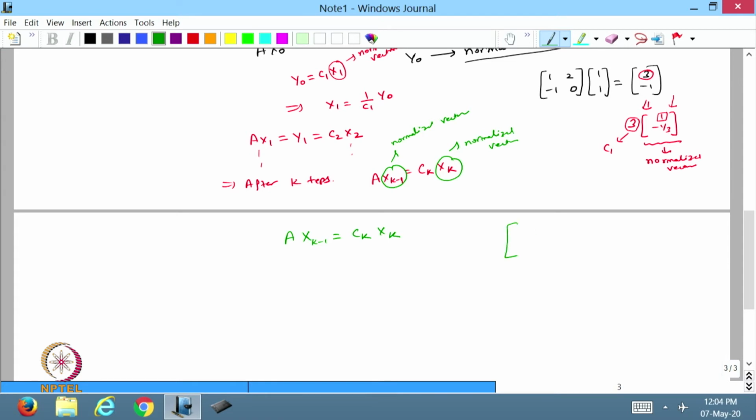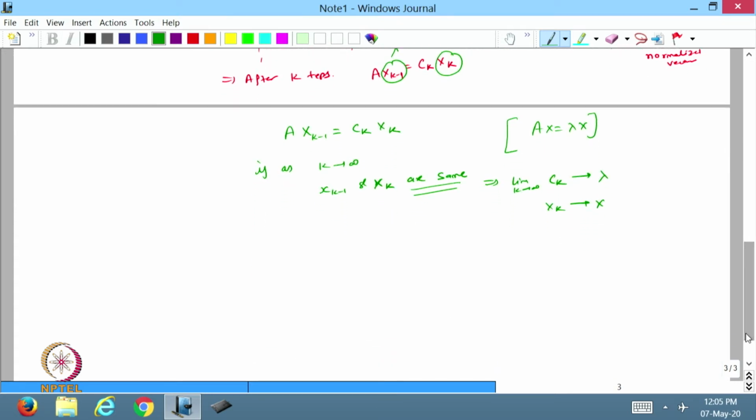Now, if you compare with Ax equals lambda x, you can see that as k tends to infinity, after many iterations, if xk minus 1 and xk are almost the same, meaning the L2 norm of the difference is less than the required tolerance, then the limit as k tends to infinity, ck will tend to lambda, and xk tends to the corresponding eigenvector.